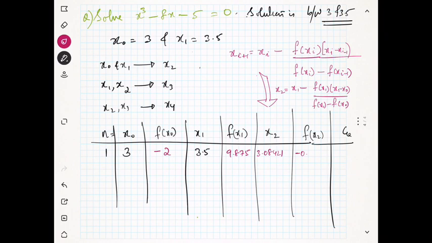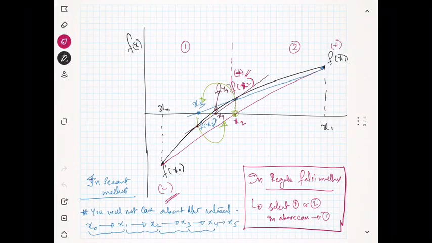Then you can find f of x2, because you know f of x. You know this f of x is equal to how much? F of x is equal to x cube minus 8x minus 5, right? This is your f of x.